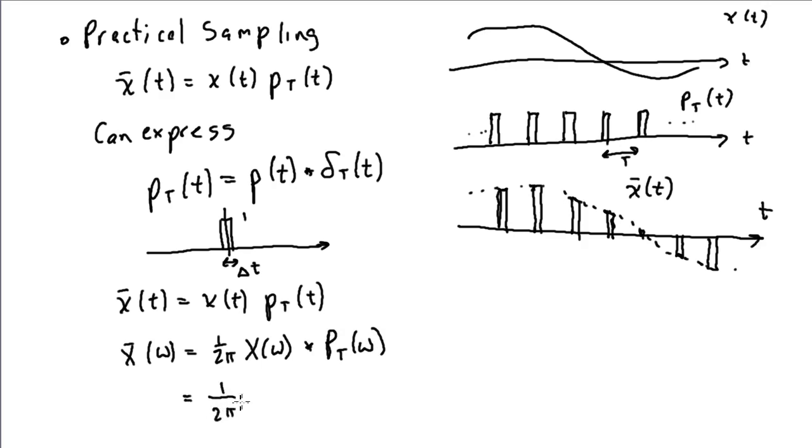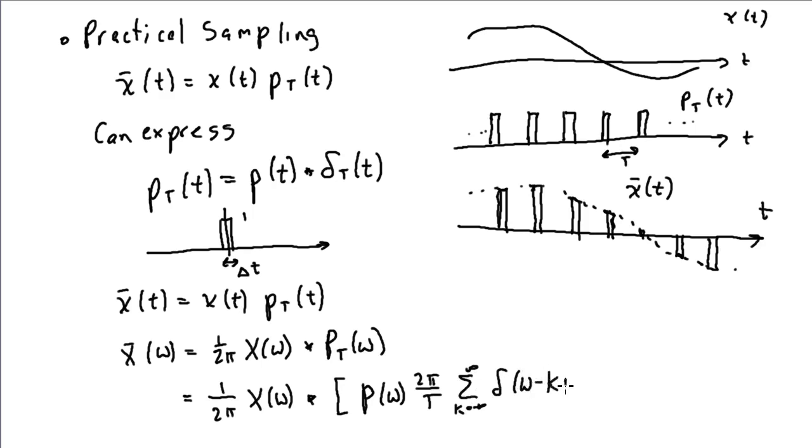That pulse train is p(t) convolved with our impulse train. So in the frequency domain, that becomes P(omega), the Fourier transform of this function, multiplied by the Fourier transform of our impulse train, and that's 2 pi over T, sum from k equals minus infinity to infinity, delta(omega minus k omega_s).